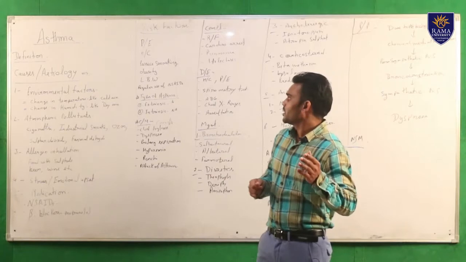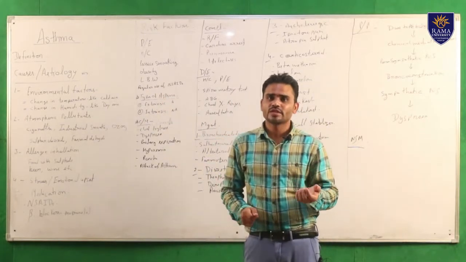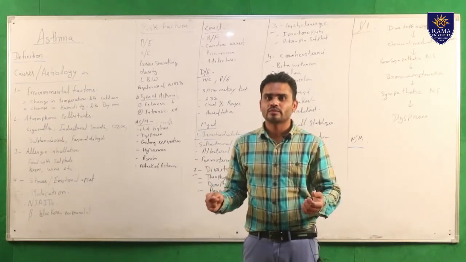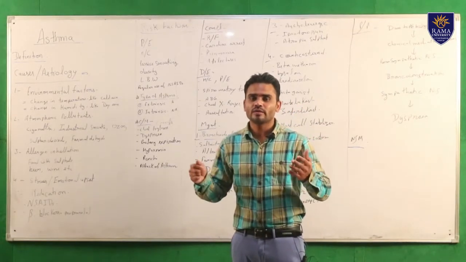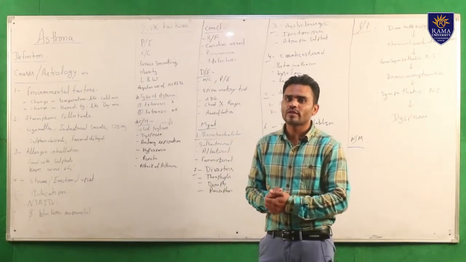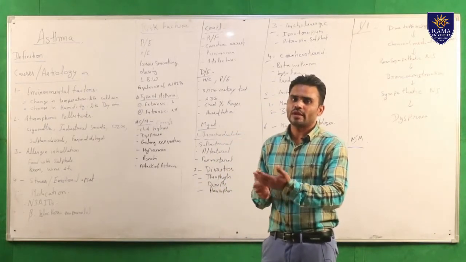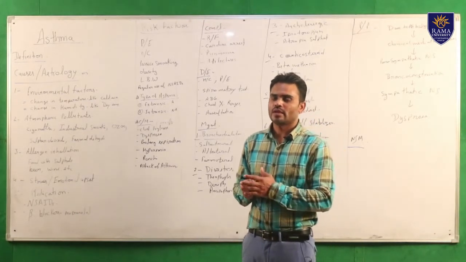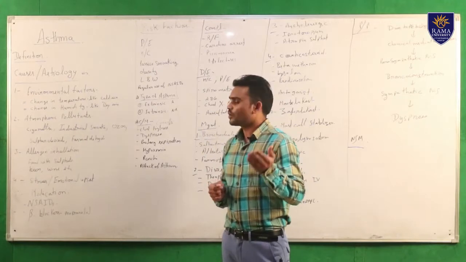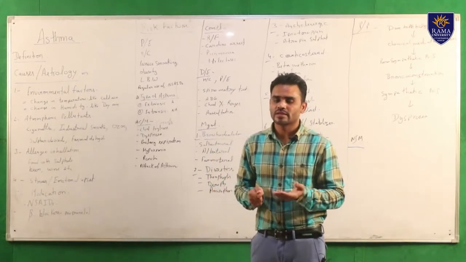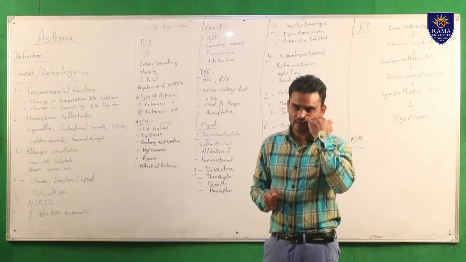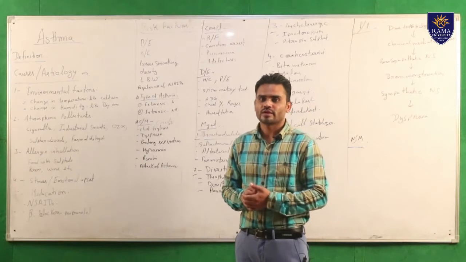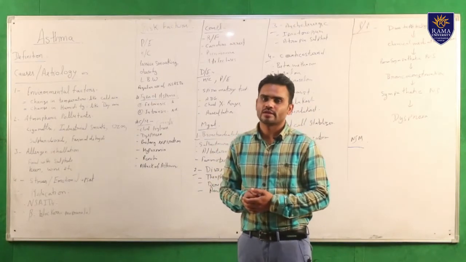The next one is obesity, meaning the patient has high weight, and low birth weight, meaning at the time of birth we have low birth weight. And next is regular use of NSAID drugs like diclofenac, ibuprofen, aceclofenac, nimesulide, etc.